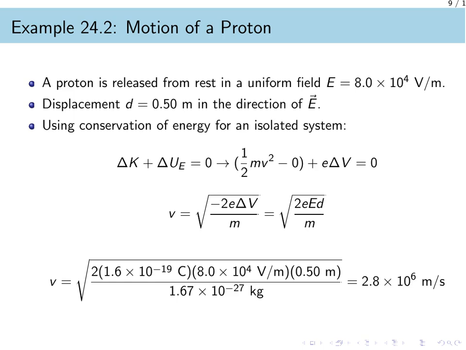By substituting our potential difference formula into the energy equation, we can solve for the final velocity, v. Using the charge of a proton, its mass of 1.67 times 10 to the negative 27th kilograms, and the field parameters, we find the proton reaches a speed of 2.8 times 10 to the 6th meters per second.